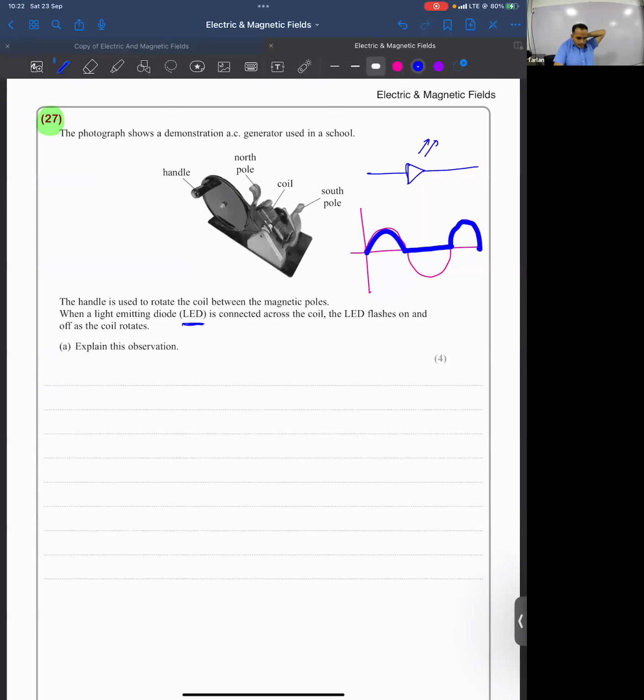When the coil is rotating, it will cut the magnetic field lines.